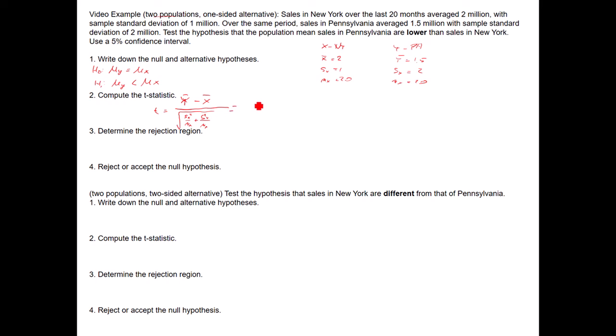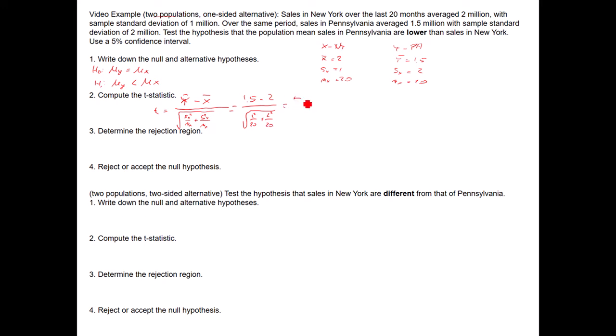Let's plug that in. We've got 1.5 minus 2 over the square root of 1 squared over 20 plus 2 squared over 20. I think we can do this in our head.